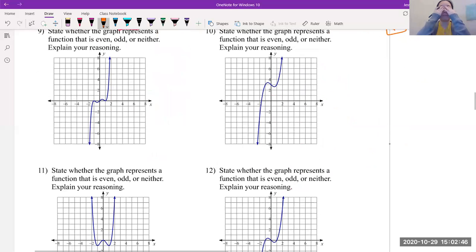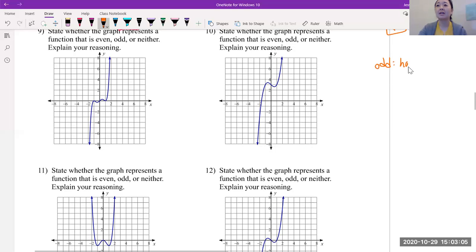All right, so here we're going to decide whether it's odd, even, or neither. Remember that you're going to need to write this on your notes somewhere. If it's odd, what are we checking? We're checking for rotational symmetry.